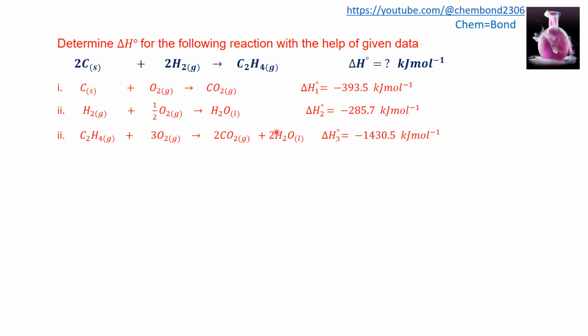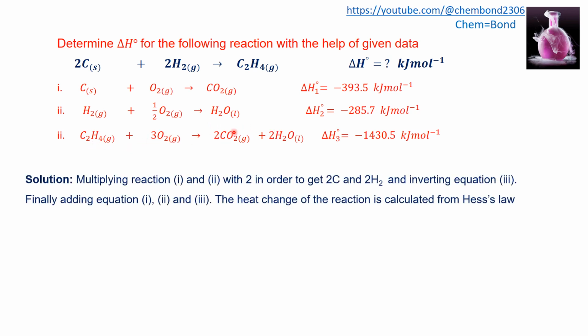of ethene. So we will solve it by multiplying reaction 1 and 2 with 2 in order to get 2 carbon and 2 hydrogen, and inverting equation 3. If we look at the desired reaction, in which 2 carbon and 2 hydrogen are combining, we will convert these two reactions, that is carbon solid combined with oxygen and hydrogen gas combined with half mole of oxygen.